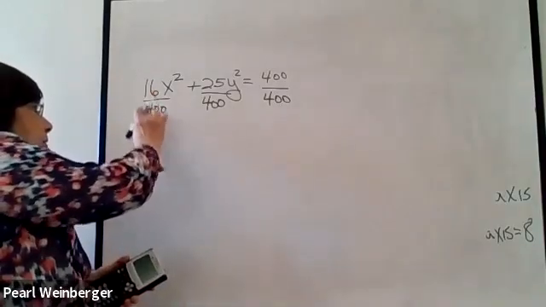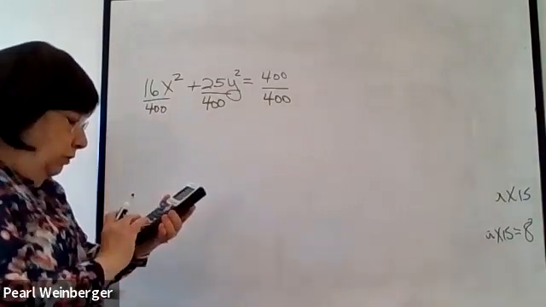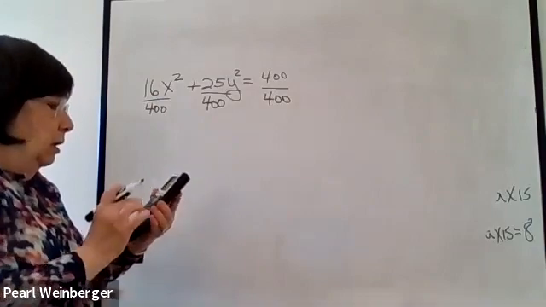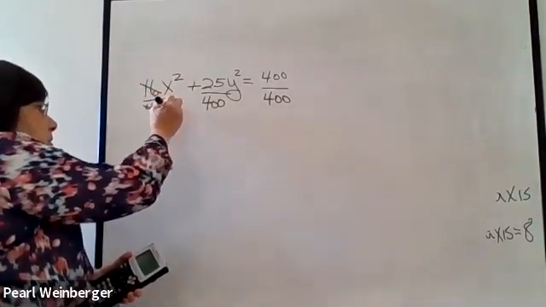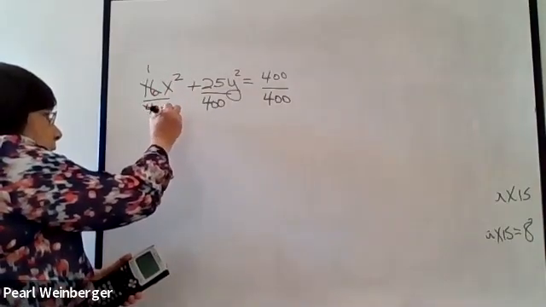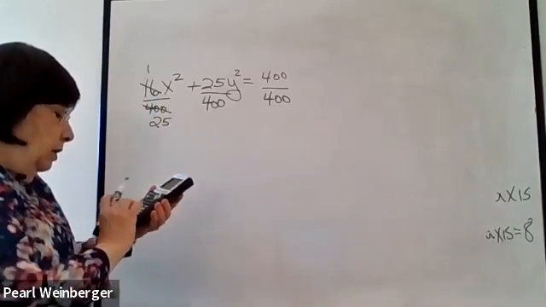I think the top and bottom here can be divided by 16. So let's see what 400 divided by 16 will give me. Oh, it gives me 25. So I can reduce this to 1 over 25. Now what about the 400 divided by the 25?